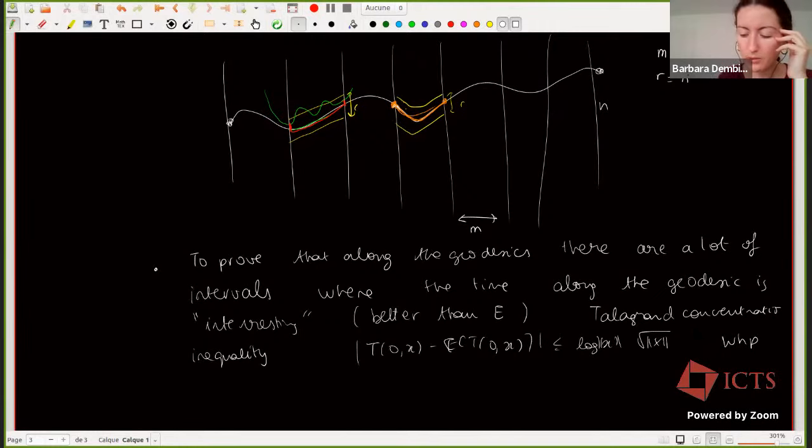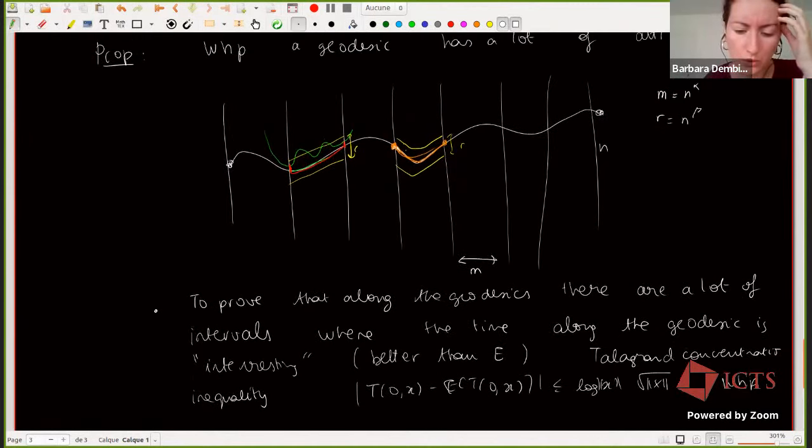So this inequality gives a control on the concentration. It says that the difference between the time and the expectation is at most a square root. To prove this, I won't do the details because it's a computation that I don't want to do here.